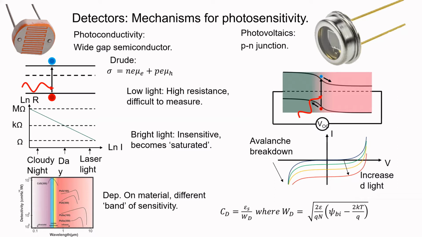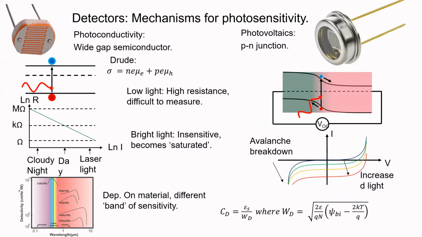The essential operating principle of these is that they have a semiconductor with a direct band gap. So when light falls onto that semiconductor, it can create electron-hole pairs. And then you arrange for those electron-hole pairs to move apart through the application of some voltage across the device.